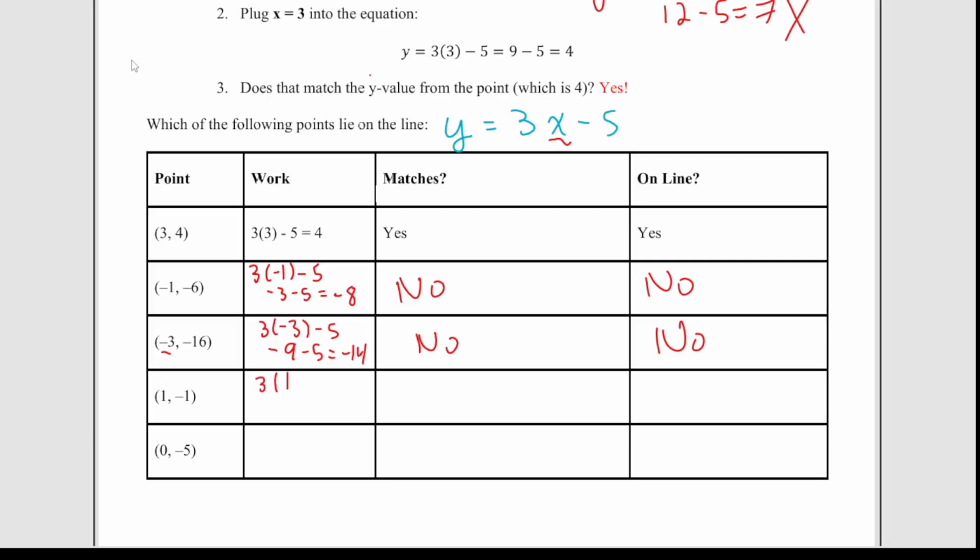Similarly, if I were to plug in positive 1, 3 times 1 is 3, minus 5 would get us negative 2, which is not the same thing as negative 1, so that's also not on the line. If I were to plug in 0, 3 times 0 is 0, minus 5, that is actually equal to that same y value, so we are good. That means yes, it does match, and yes, it is on the line.